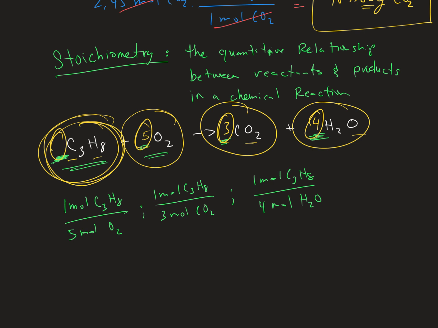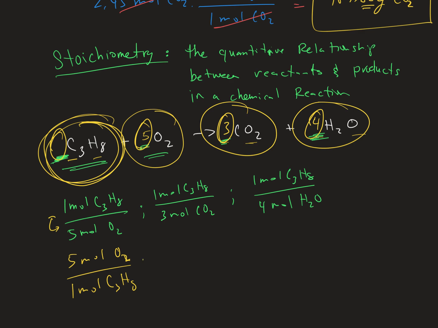Do you need me to write them down? Yeah? Okay, so we flip this, and we get 5 moles of O2 for every 1 mole of C3H8. You see how I just flipped that? And we got another conversion factor.